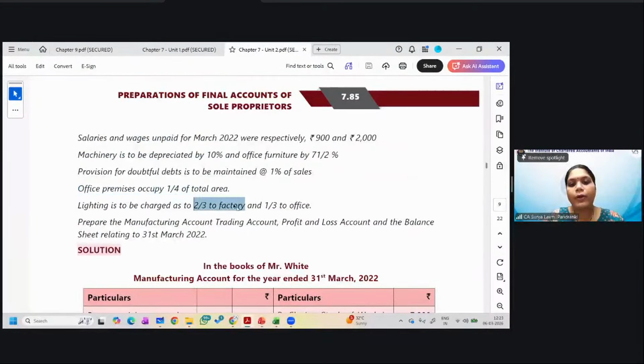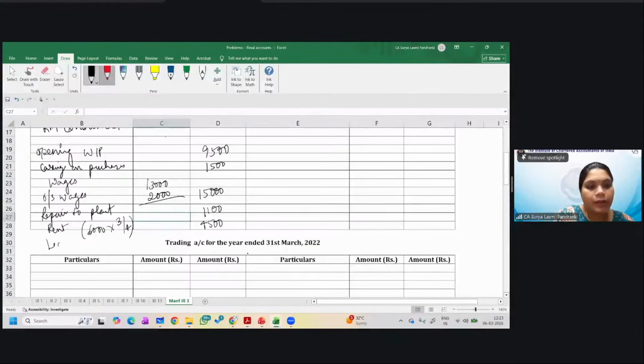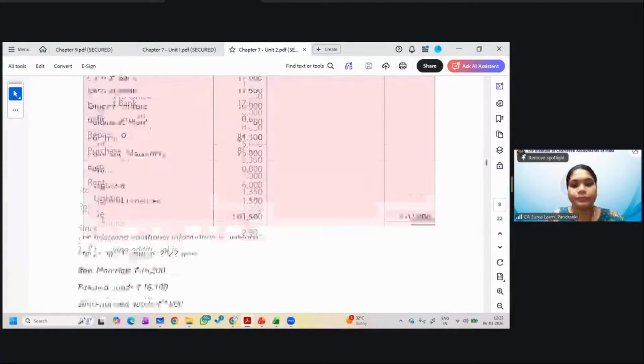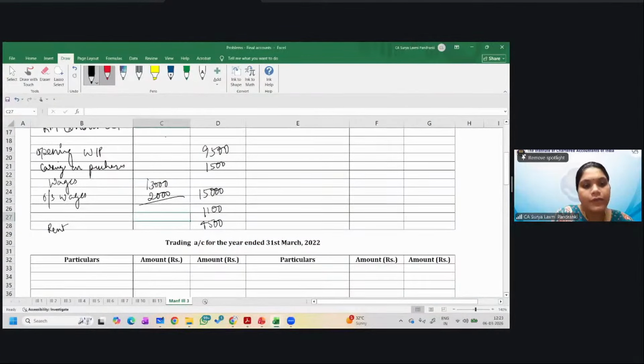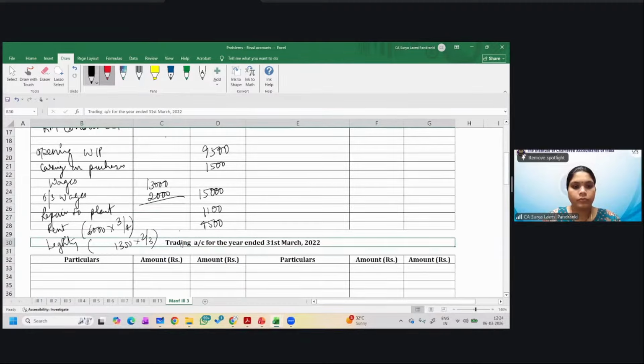Lighting 2/3 will be going to the factory, correct? So lighting 1,350 into 2/3. How much? 900. Done.